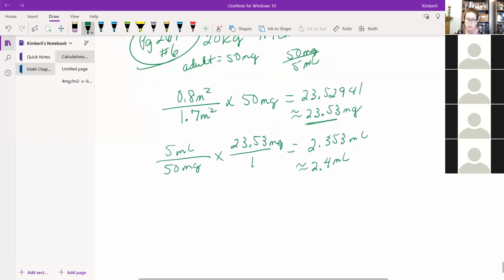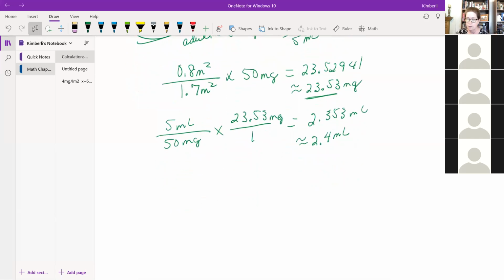Okay. Let's see if we can find a problem in here that tells me milligrams per body surface area, milligrams per square meter.